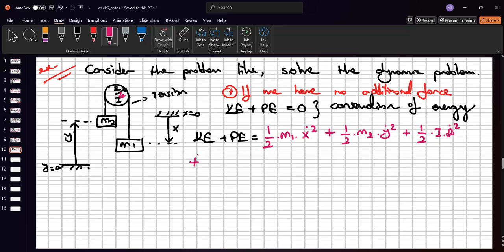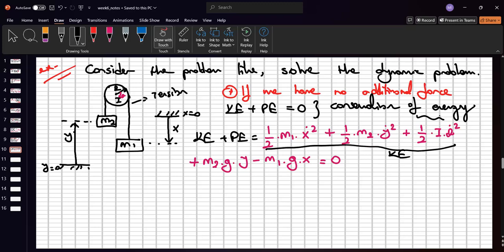M2 times G times Y minus M1 times G times X, yes, because of the direction of these terms, just remember that if the Y is increasing, this must be positive, and if the X is increasing, this could be negative, okay, is equals to 0. And so this is the kinetic energy, but this is the rotational one. And so this is the potential one. Okay?